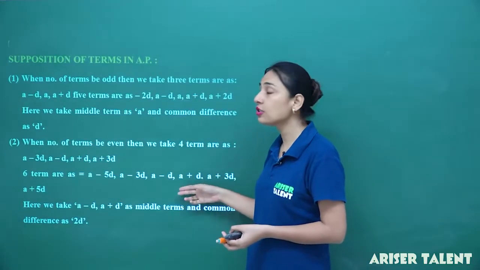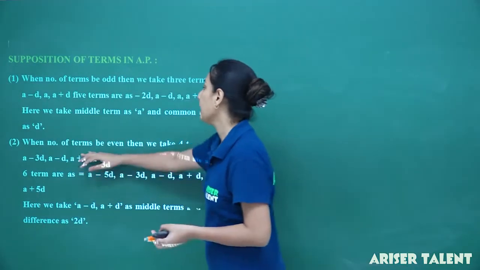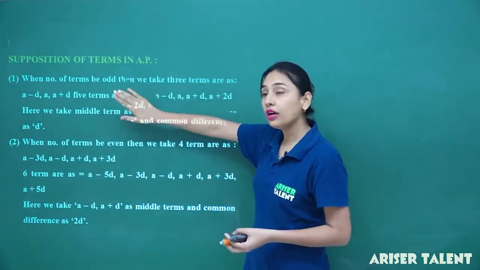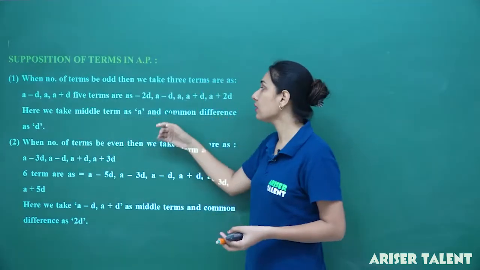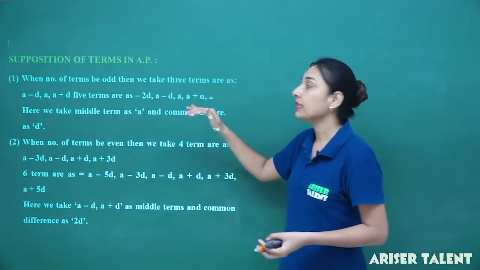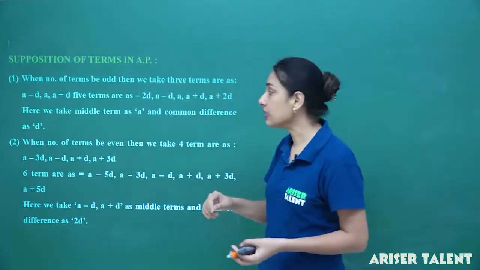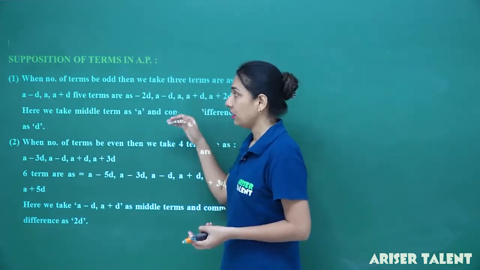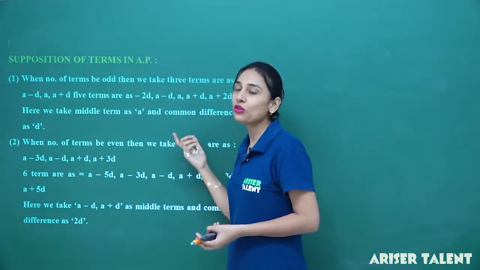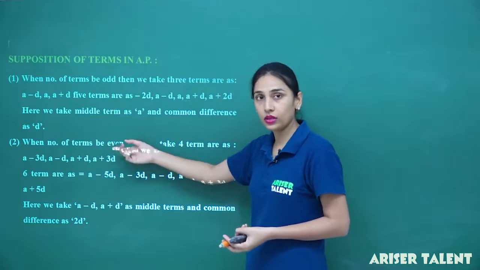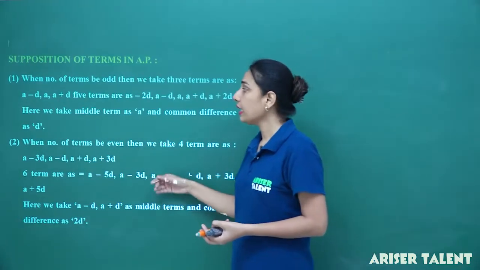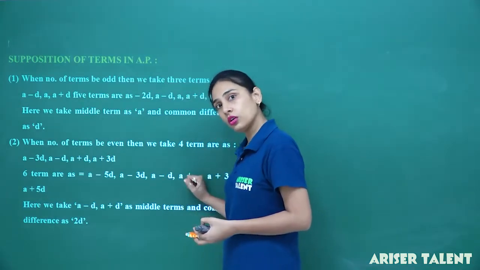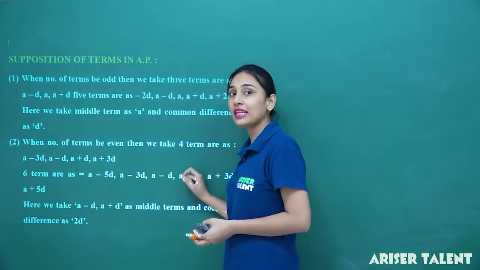I have told you the difference is 2D in the case of even terms, while when we were discussing the odd terms, we took the common difference only D. In odd, only D is the difference, in even, 2D is the difference. The difference coefficient in odd terms is also odd, 1 multiplied by D, and in the even terms it is always even, that is 2D.